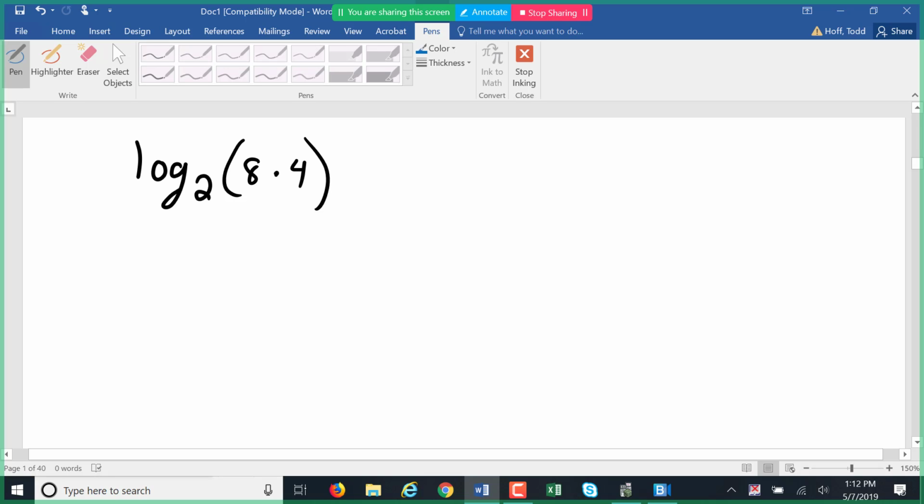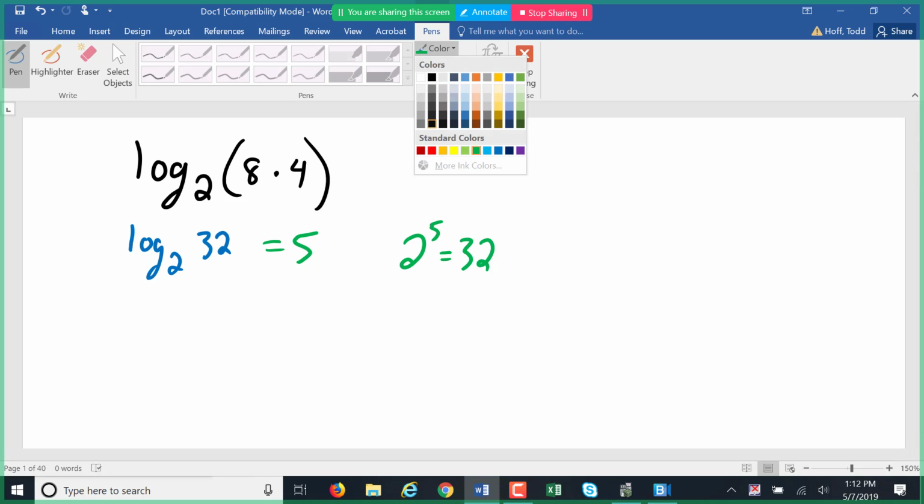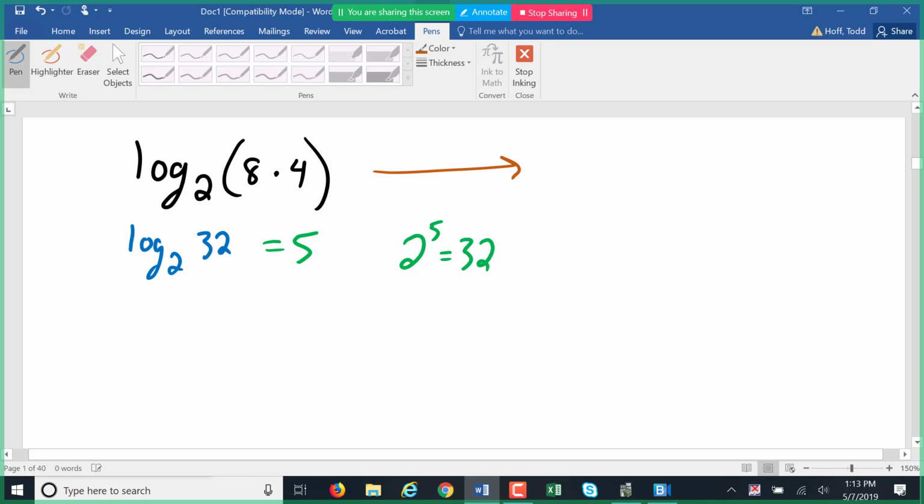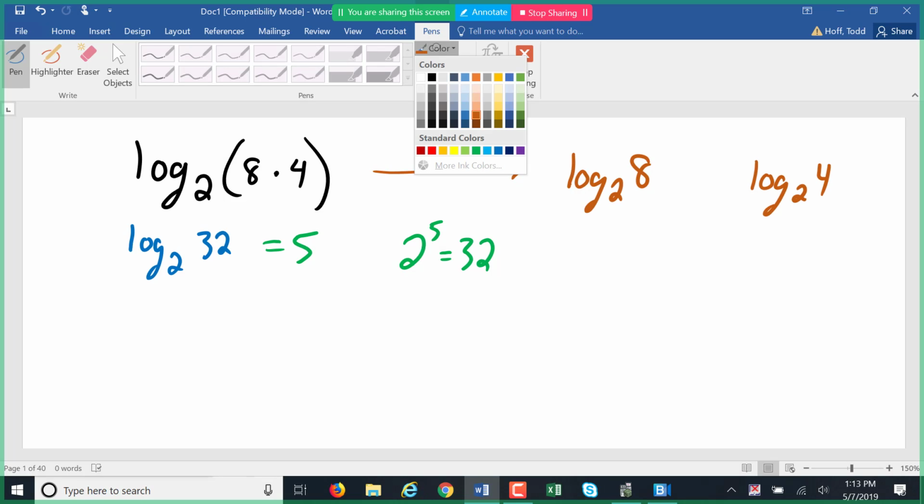I'm going to start out doing this the long way. 8 times 4, of course, is 32. Log base 2 of 32 is 5, because 2 to the power of 5 equals 32. But rather than multiplying the 8 times 4, we could split that up: log base 2 of 8 and log base 2 of 4.